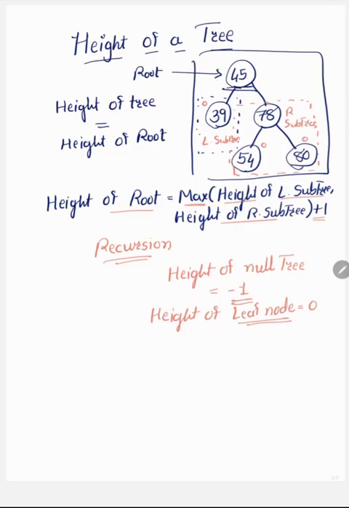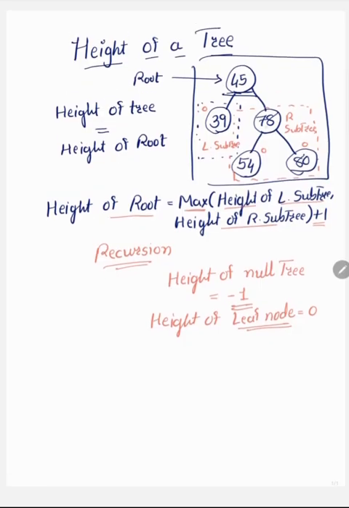Now, if you want the height of 78, the left subtree is this, so its height is 0. The height of the right subtree is also 0. So max of 0, 0 plus 1 is the height of 78. So the height of 78 is 1.